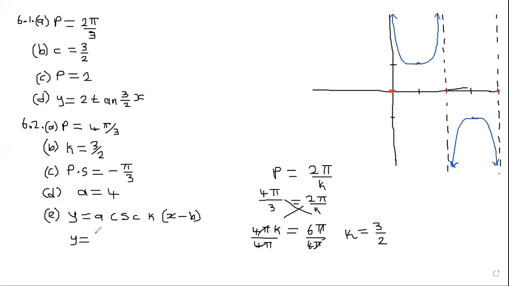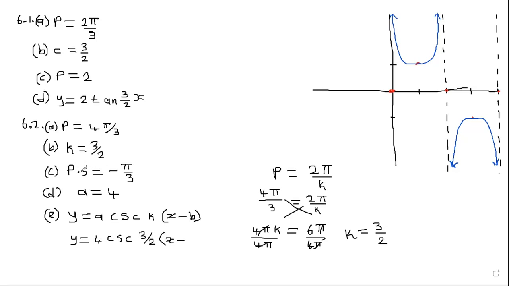A is 4 cosecant. K is 3 over 2 into x minus, what is b?